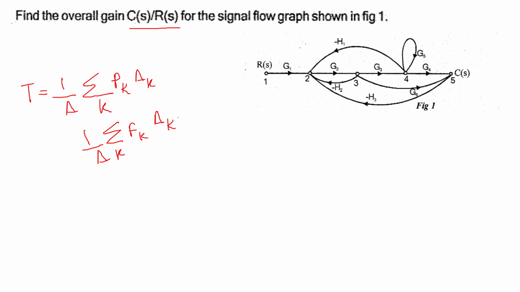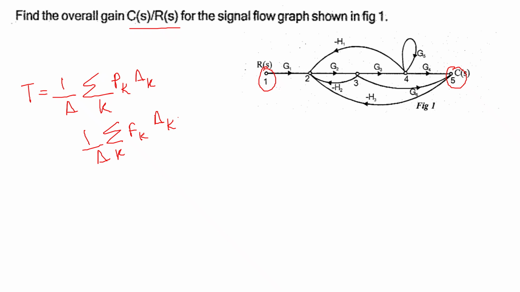Now, what is a forward path? A forward path is the path from the input node traveling through different nodes to reach the output node without crossing the same node twice. For example, input node is 1, output node is 5. How many paths are there starting from 1, traveling through different nodes to reach this node 5?